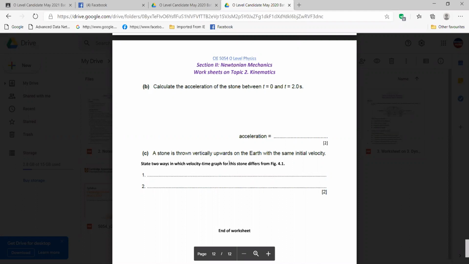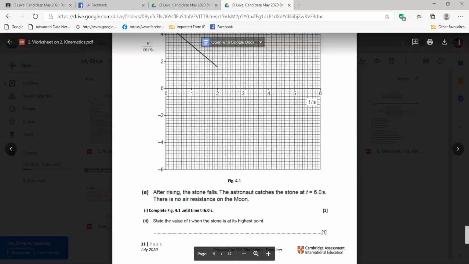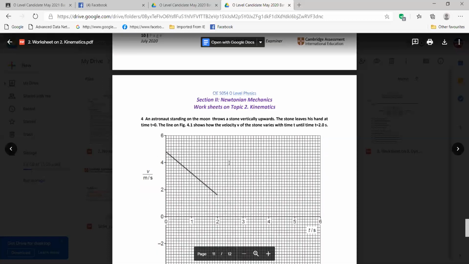Okay, so I think the line will be steeper. I mean, we'll have a higher gradient, a higher negative gradient, because our stone is thrown vertically on the earth. So it will have more gradient, right? Then any other point? The second one is that it will have a different t value to reach maximum height.